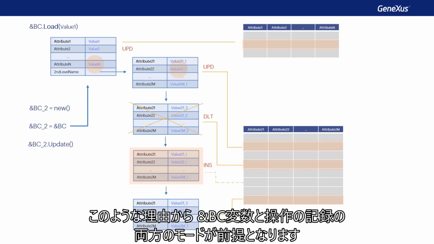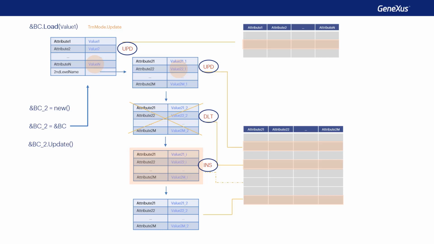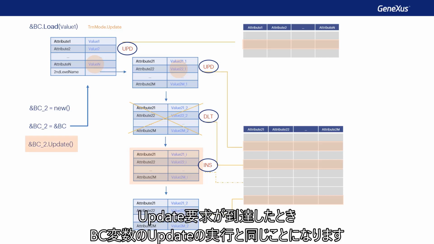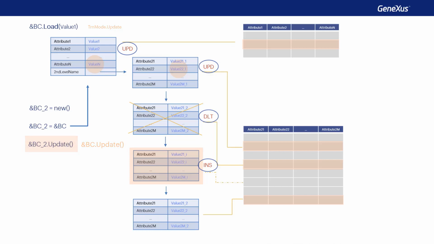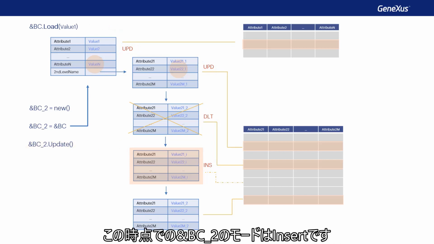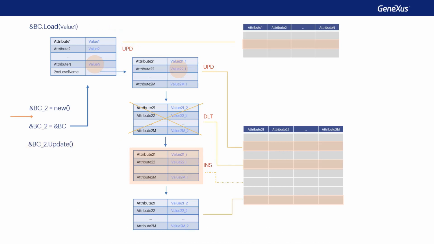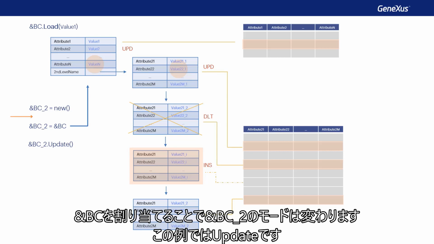For this reason, it'll assume both the mode of the BC variable and the recording of operations. And when the update request arrives, it'll be the same as having done the update of the BC variable. If the mode of BC2 at this point is insert, in this other one, it'll be the mode of BC, which in our example was update.